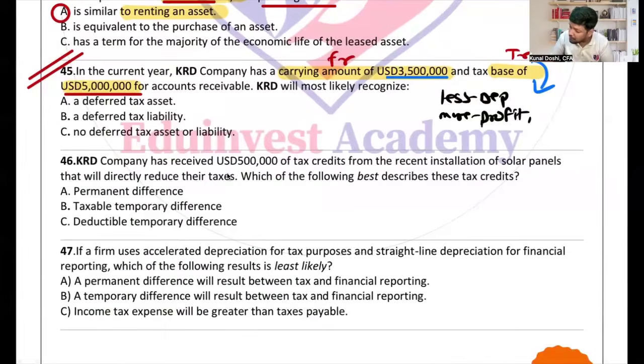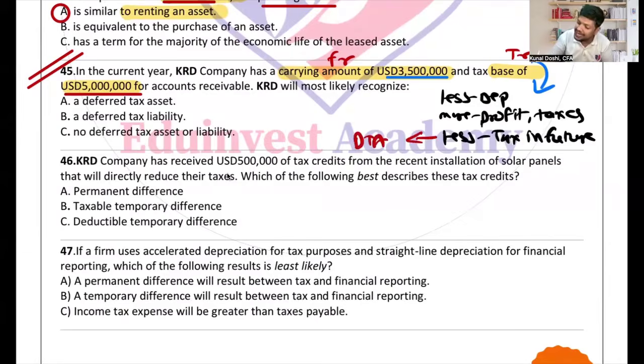More profits means more taxes now, less tax in the future. So if this is to reverse, this less tax in the future, is it a benefit or not? It's a benefit. So anything which is going to give you a benefit in the future is a DTA. Understood? How do I process it? Right now, am I charging more depreciation or less depreciation? Because my tax base is higher, my depreciation is less.